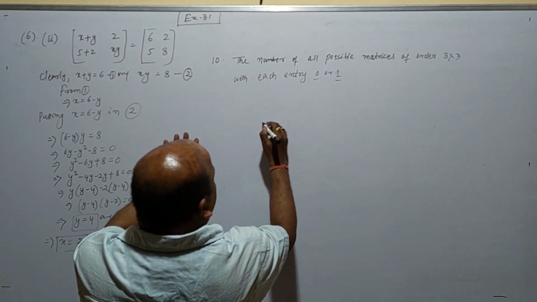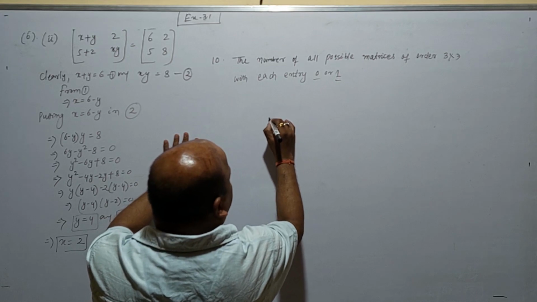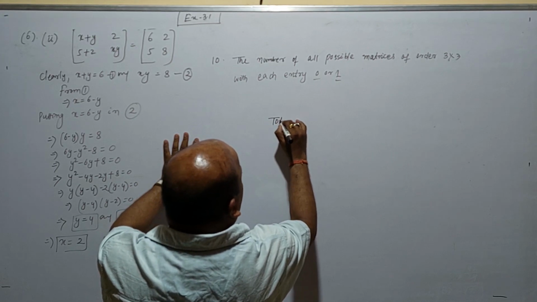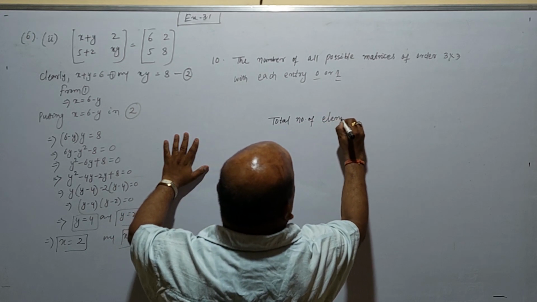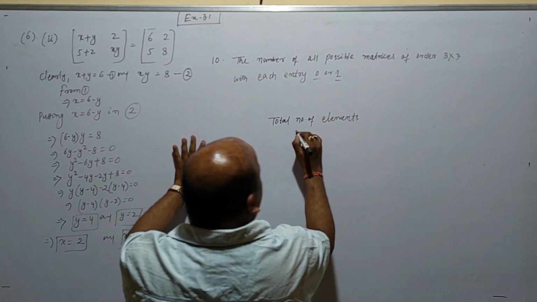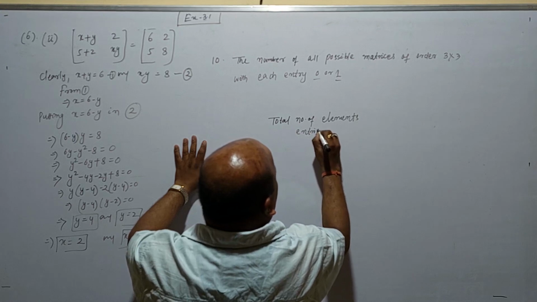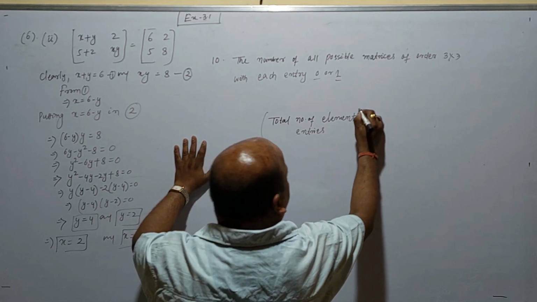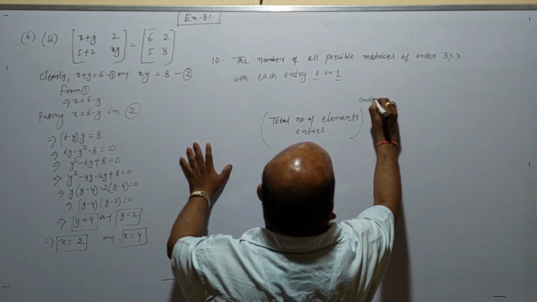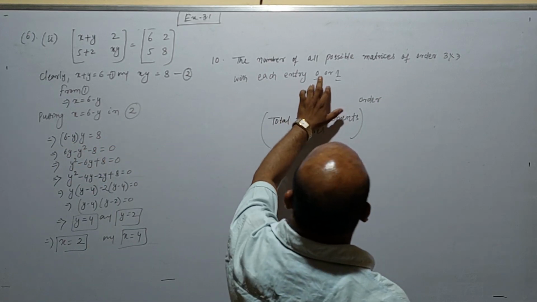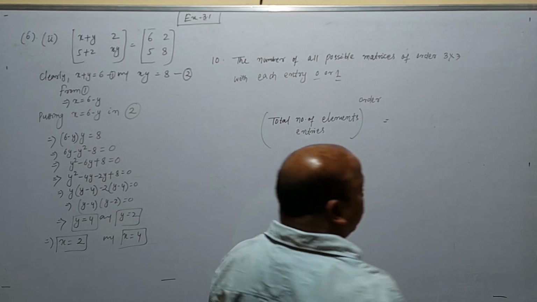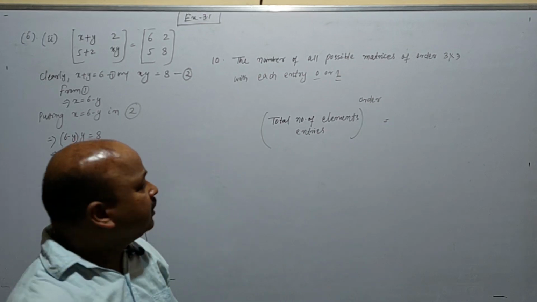So the formula is: total number of elements, that means entries, to the power of the order. How many entries are there, how many elements do we take? And what is the order? Using only 0 or 1 means using only 2 entries.